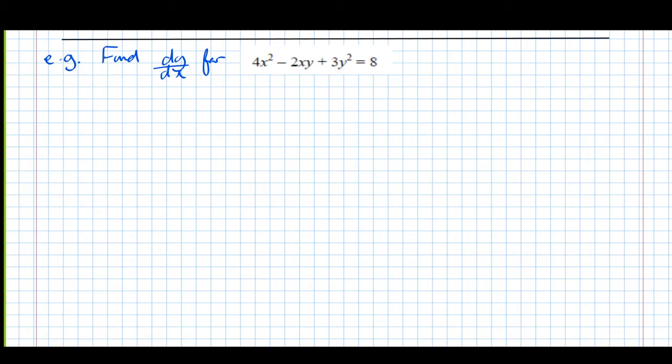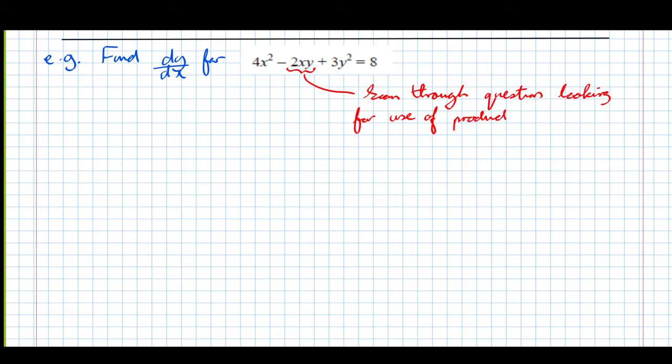And the first thing that I'm going to do, and this goes for any question I do ever, you should always scan the question because it's probably going to involve the product rule somewhere. So scan through the question, looking for use of product rule.